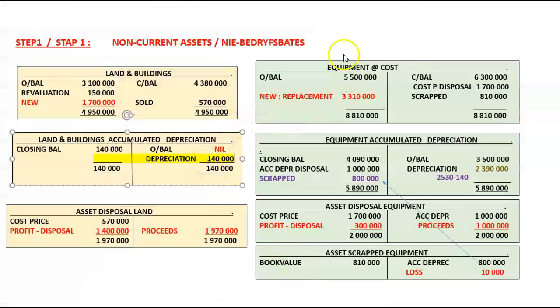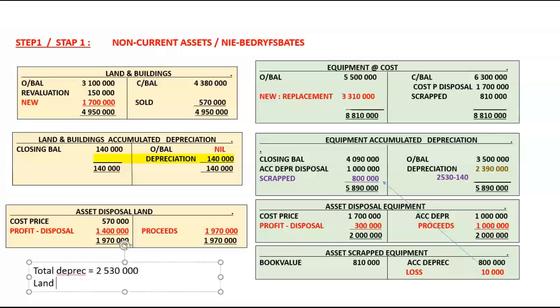So guys, if I want to complete this picture here, I know that the total depreciation, let's add it here for you so that you know that. Total depreciation was 2,530,000.